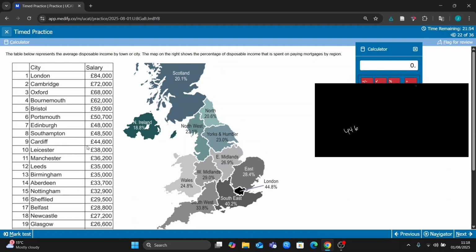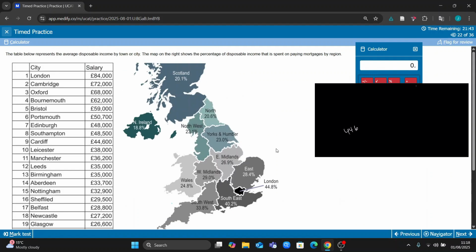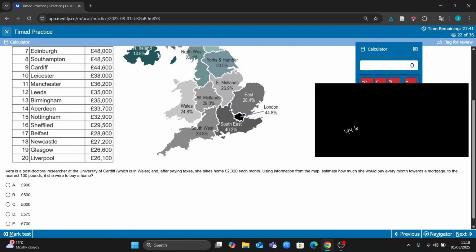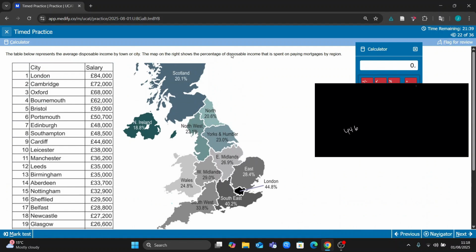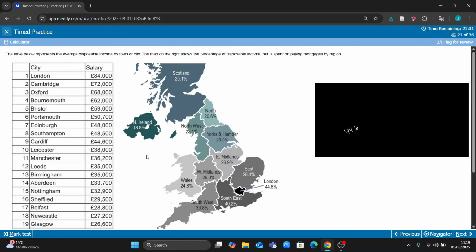So 44.6 is disposable income spent on paying mortgages. So she is in Wales. Oh, so 24.8 shows the percentage. Okay, 24.8. So £3,320 times 0.248 is 575, but it says the nearest 100, so it's going to be 600.